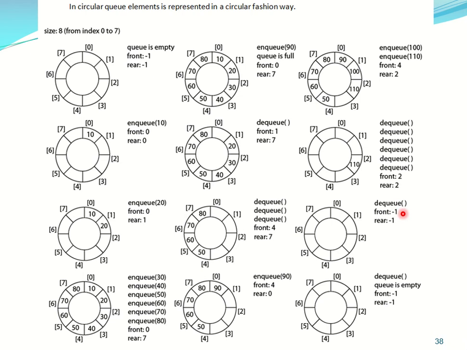When you dequeue the last item in the array, you must initialize front and rear back to -1, because there is no item left in the queue. And when you want to dequeue from an empty list, it will state that the queue is empty. That means underflow. So this is all the basic process of enqueue and dequeue, and how front and rear move position so that you can optimize the space in the array.